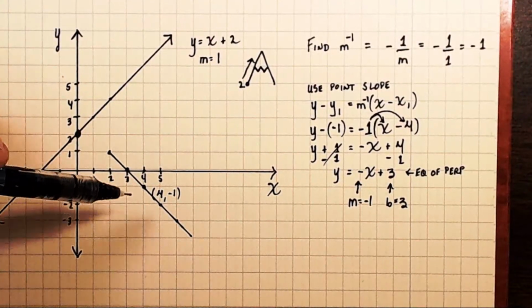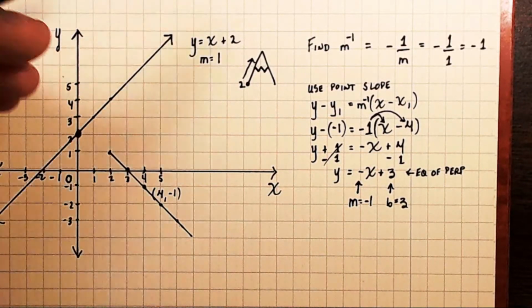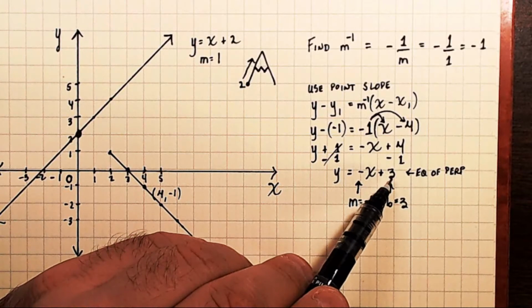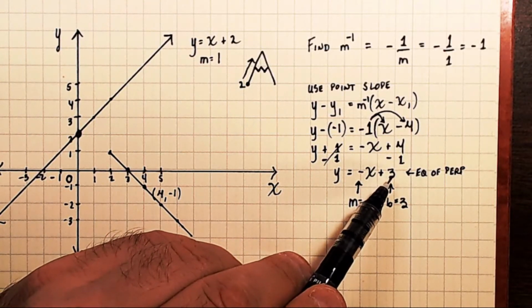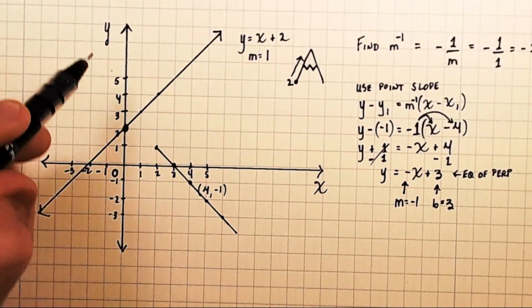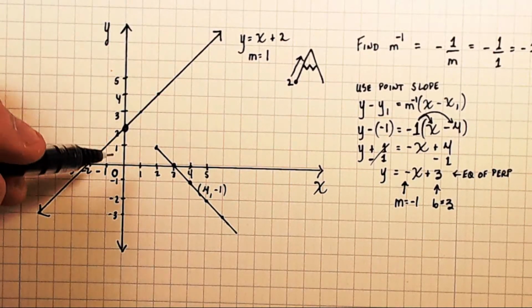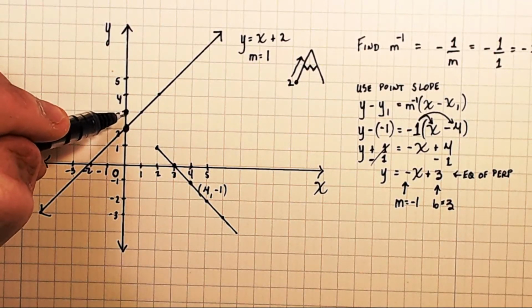So let's say that now that you've got the equation of the line, you could start at the y-intercept of this perpendicular line, which is 0, 3. So let's do that, and we'll see if these two methods cohere. Let's go up to 0, 3 and put a dot right there.